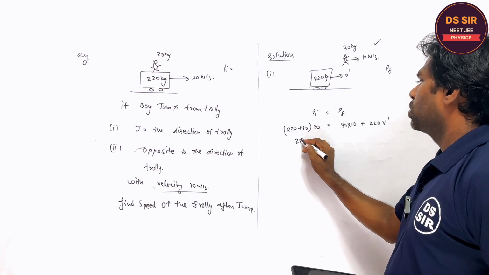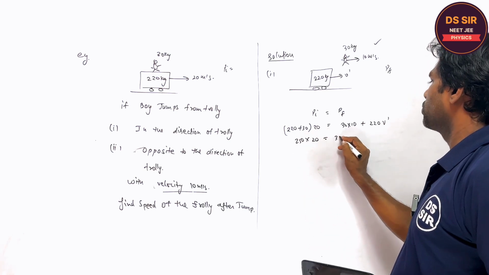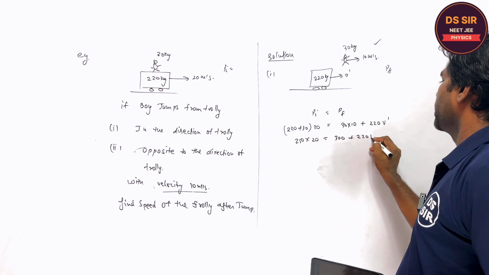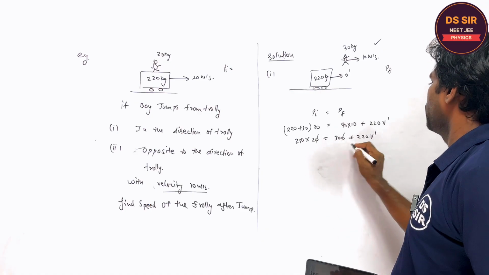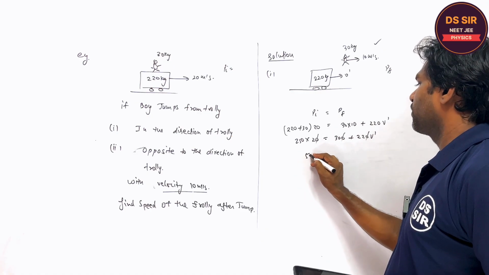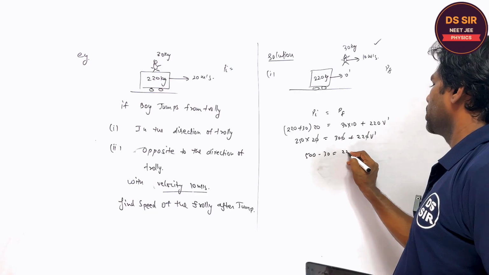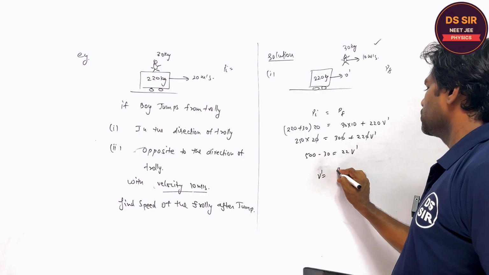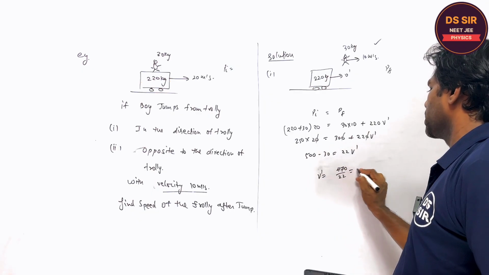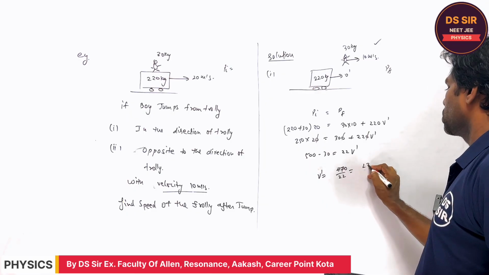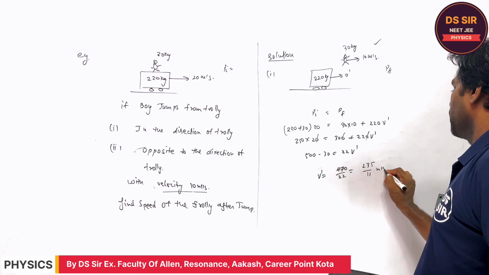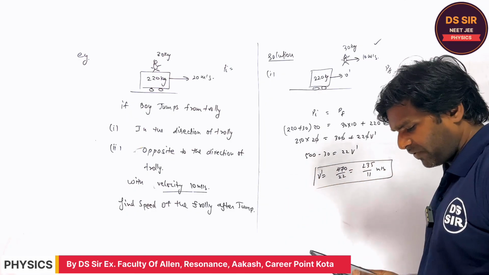So this is 250 into 20, 300 plus 220 into v dash, right? The 10 will cancel out. This is 500 minus 30 is equal to 20 v dash. So v dash is equal to 470 upon 20, 235 upon 11 meter per second is the velocity.